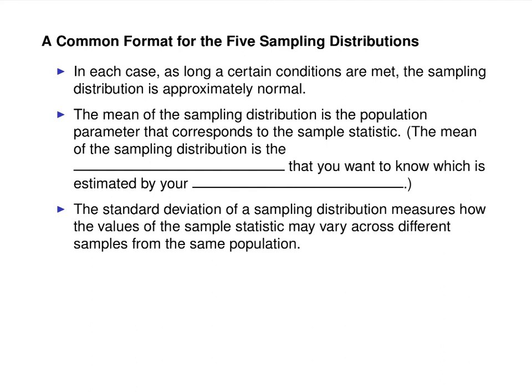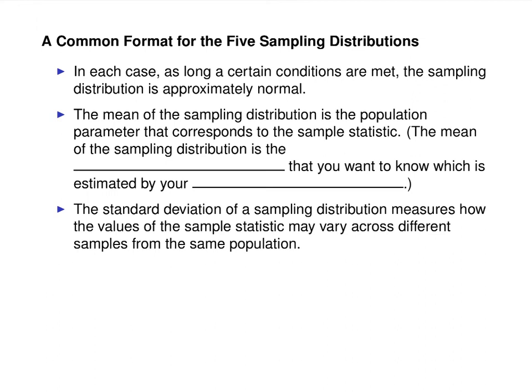Okay, here is a common format for the 5 sampling distributions. In each case, as long as certain conditions are met, the sampling distribution is approximately normal. The mean of the sampling distribution is the population parameter that corresponds to the sample statistic.